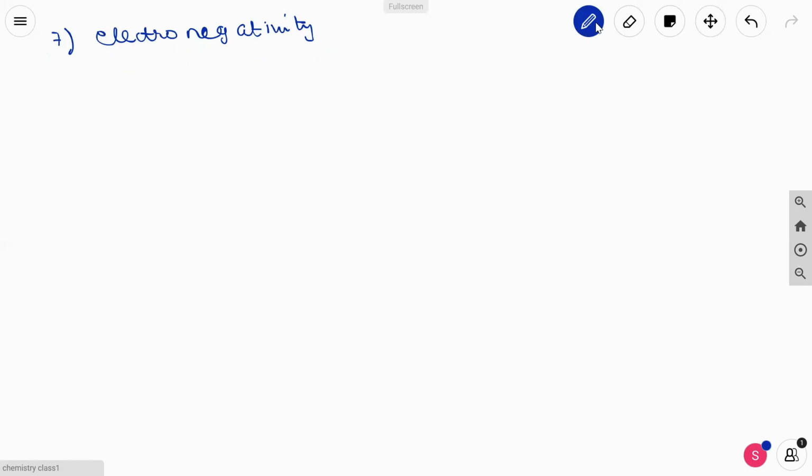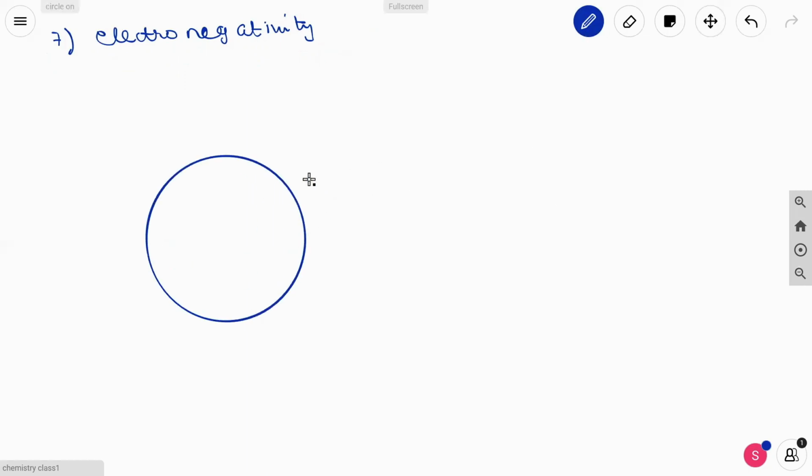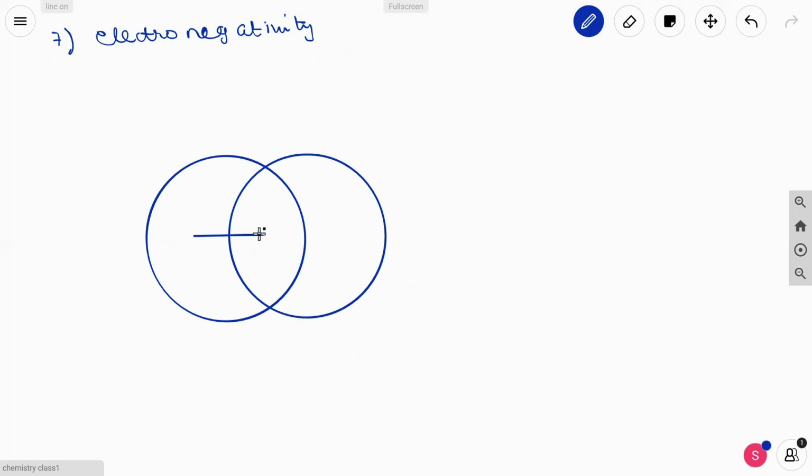Now, electronegativity in a bonded pair. In a bonded pair, the electrons are not spaced in the middle between both atoms unless it's a non-polar covalent compound.